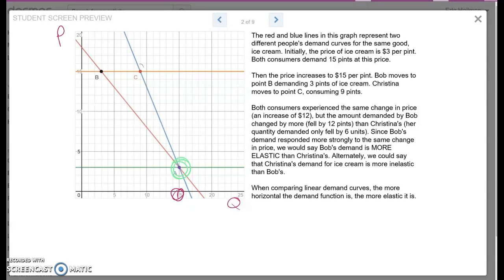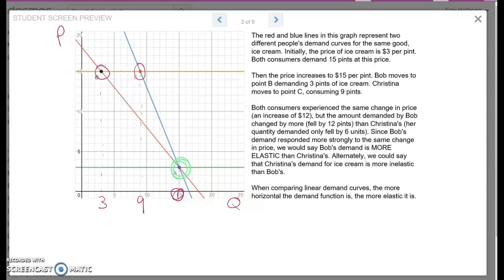Mr. Blue slides along his demand curve to point C, and Ms. Red slides along her demand curve to point B. So Mr. Blue is now consuming 9 pints, and Ms. Red is now consuming 3 pints. When you look at this, Ms. Red's demand changed by more.